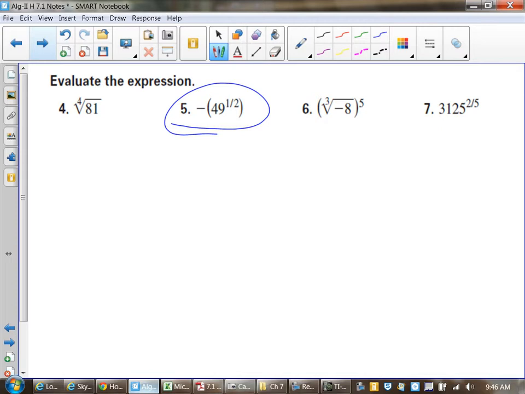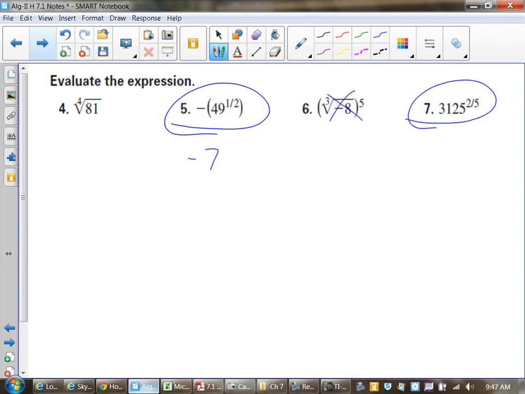Square root. What's the square root of 49? 7. So you just want the negative value of that, because it wants just the negative. So it's negative 7.